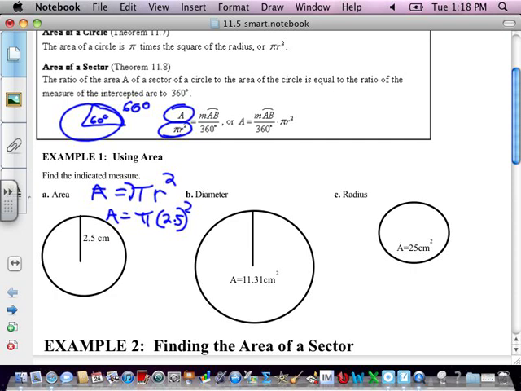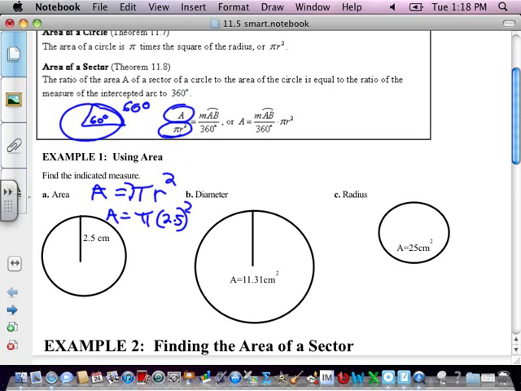Okay, let's try this again. Let's all type this in together. 2.5 squared first. Hit equals. Then times it by 3.14. I get 19.625.